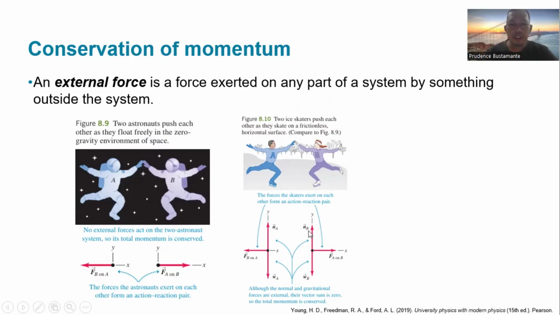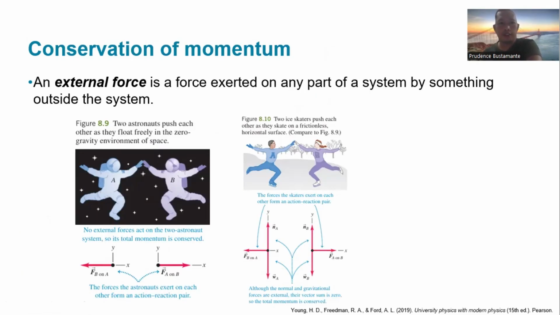But the normal force and the weight force are what we call external forces, exerted on any part of the system by the outside. And the internal forces in this case are the force of B on A and the force of A on B.